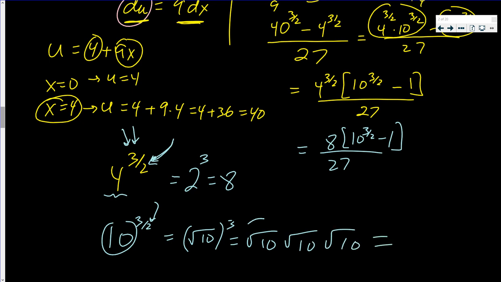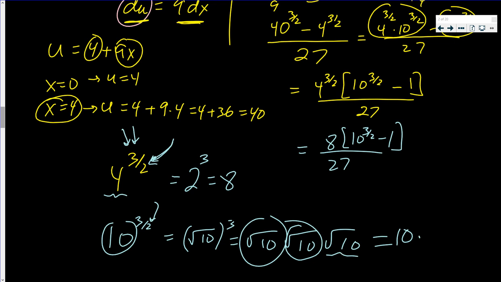There's one thing for sure about the square root of 10. It's that special number that when you multiply it by itself gives you 10. That's pretty much the definition of the square root of 10. Oh, how convenient. I'm multiplying it by itself, so I'm going to get 10.